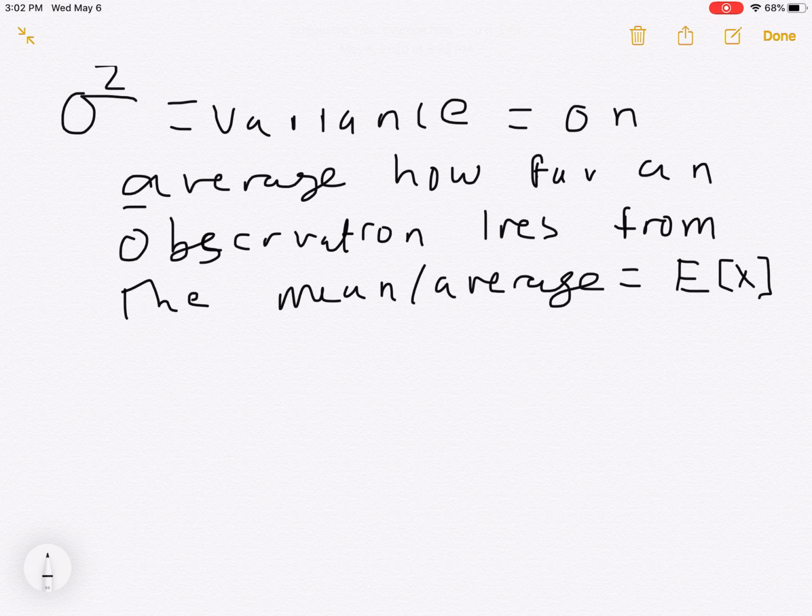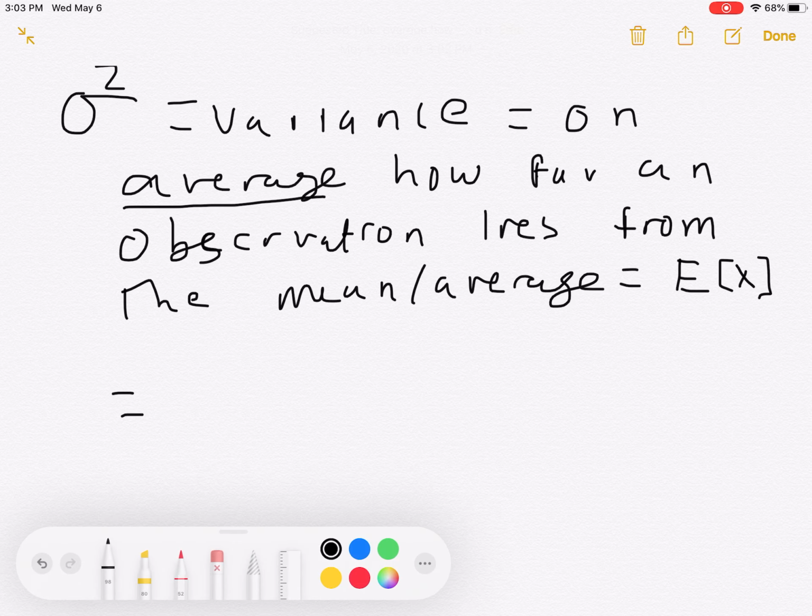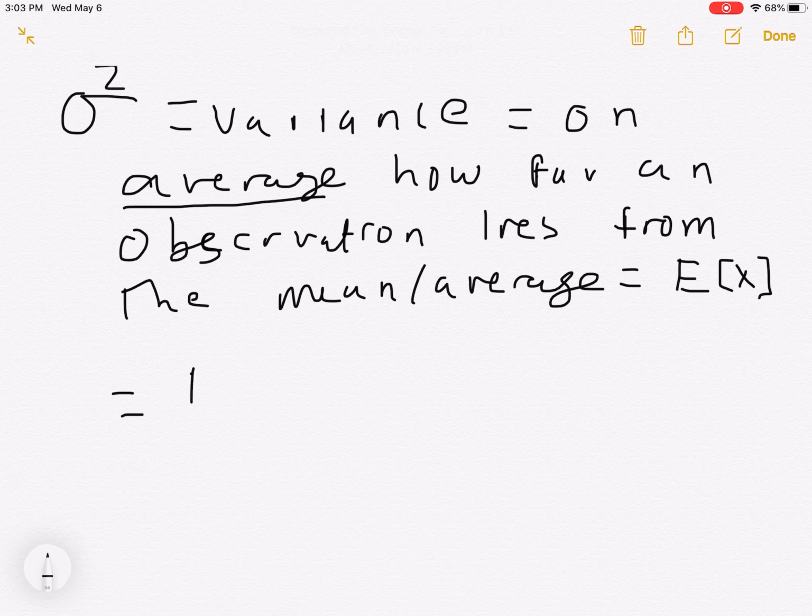And remember, there's another keyword, average, here. That keyword average lets us calculate it like this: the average of x minus mu quantity squared.